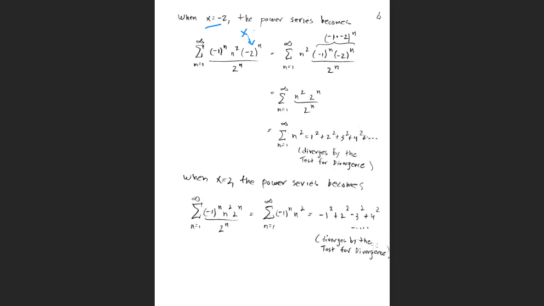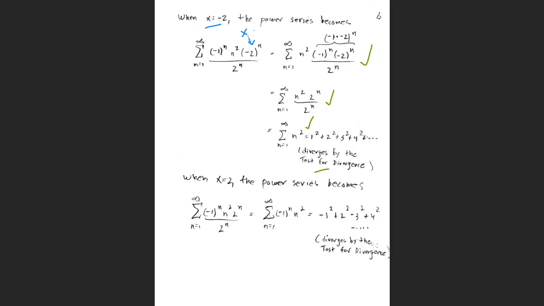So the -1 to the nth power times -2 to the nth power, well, I'm just rearranging terms here, and I simplify the series until I get to the summation of n squared. But that's going to diverge by the test for divergence. So that's what you have to do, Clea.